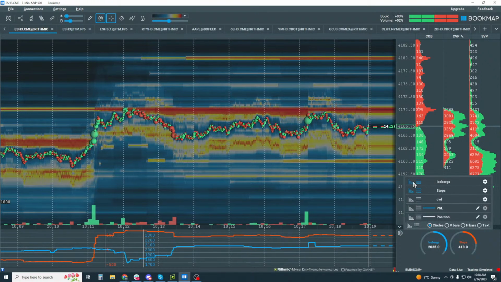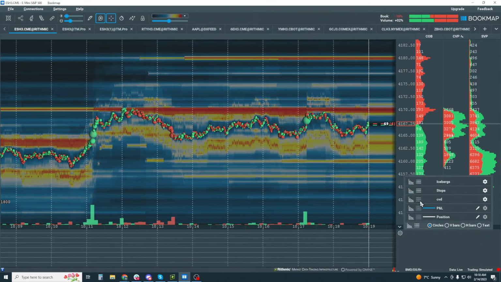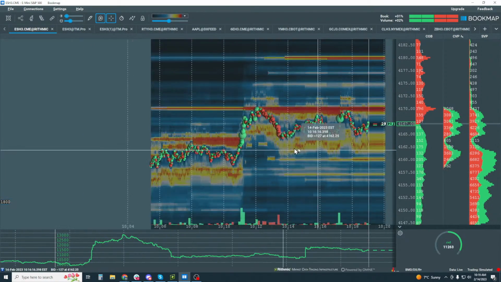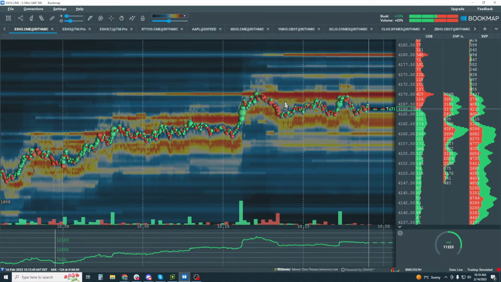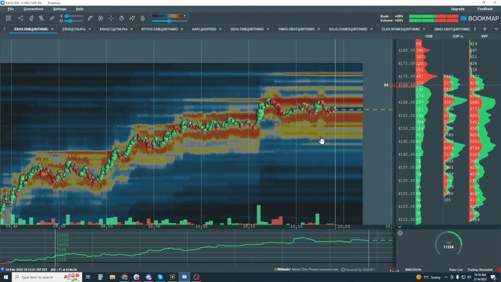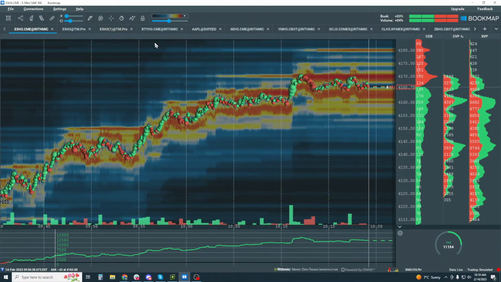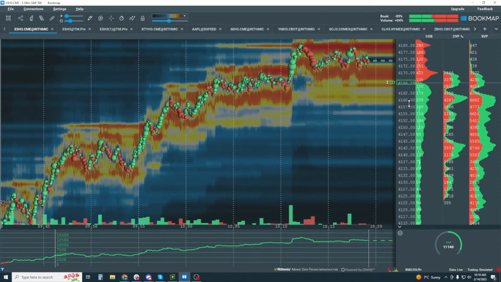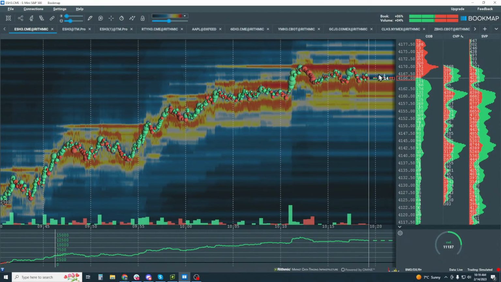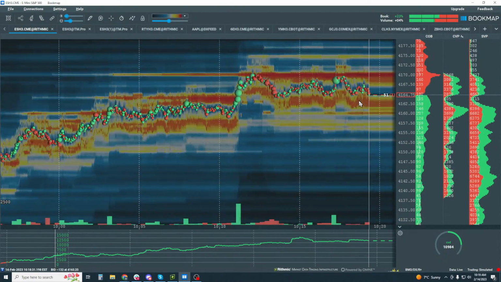Okay, make it real simple here. This is with Bookmap Global version, $49 a month. And then if you want to connect and look at the stock indexes here from Rhythmic, it's $40 a month. All right, so for 90 bucks a month, you're up and running, looking at this information here within Bookmap.